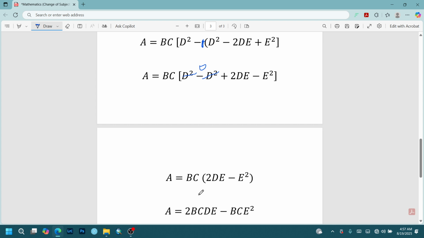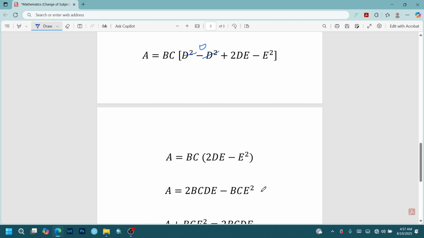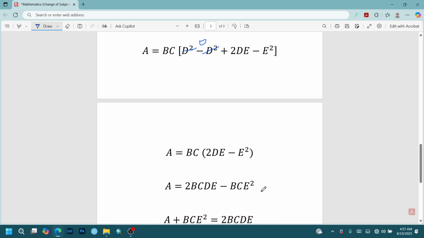So b square multiplying 2de will give you 2bc de, right? bc multiplying negative e square will give you negative bc square, right? Okay, so we've gotten our equation to be a equals 2bc de minus bce square, right?